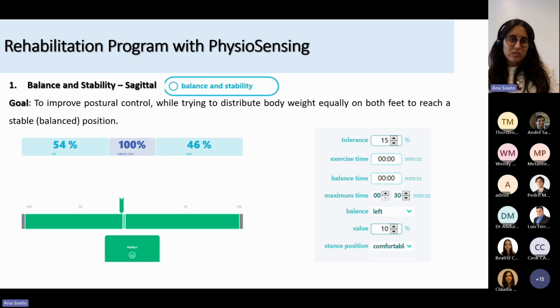So the goal with this exercise is to improve postural control while trying to distribute body weight equally on both feet to reach a stable position.